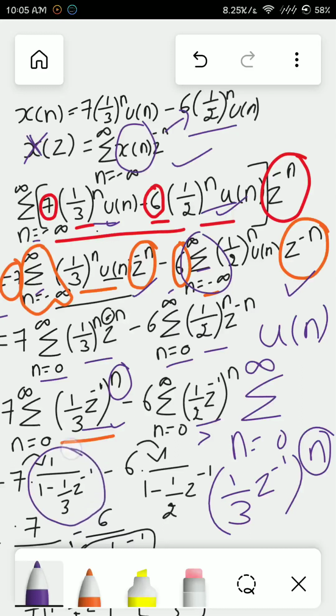So this is the alpha to the power of n formula, that is 1 divided by 1 minus alpha.